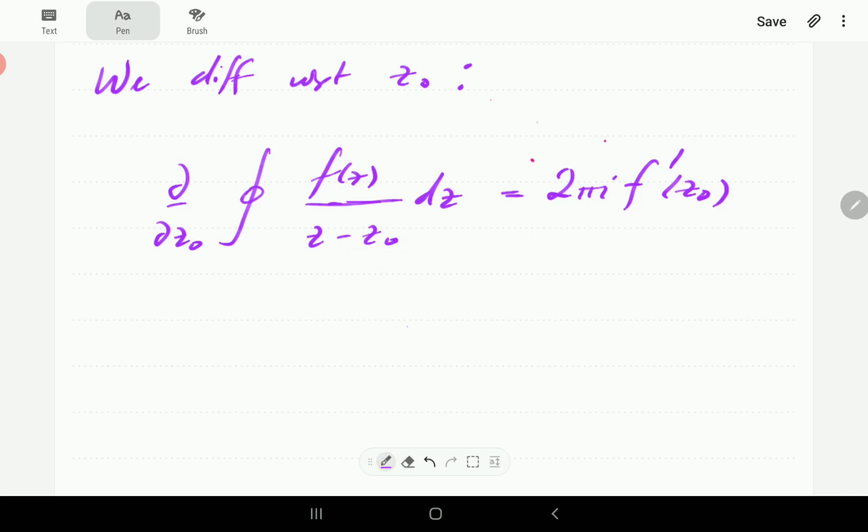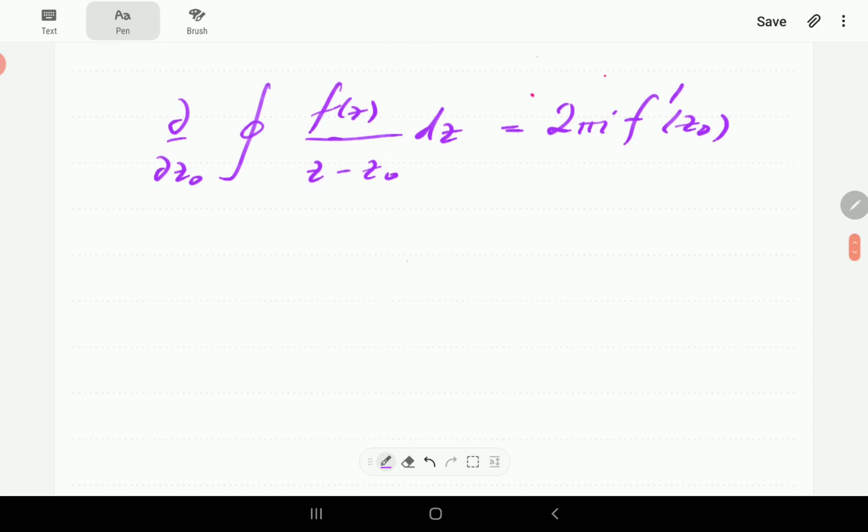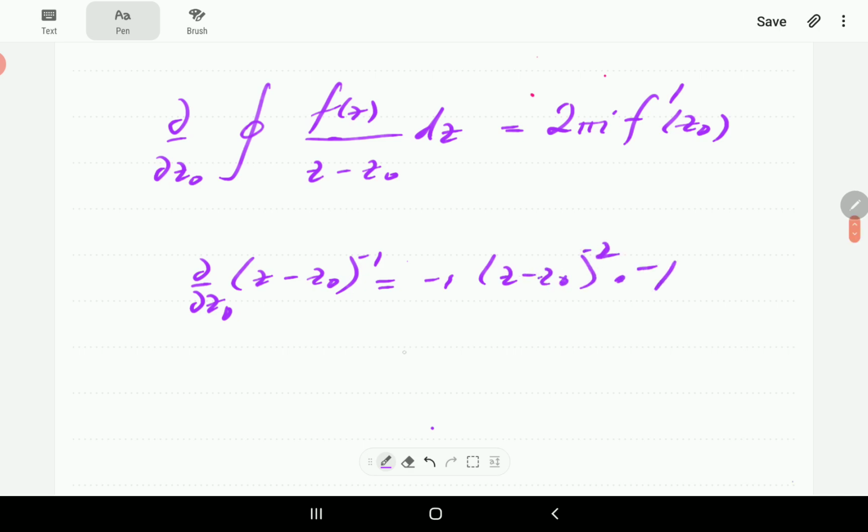Here, that's the term that has z naught. If you write z minus z naught to the power -1 and differentiate with respect to z naught, we multiply by -1, subtract 1 from the power, then multiply by -1.